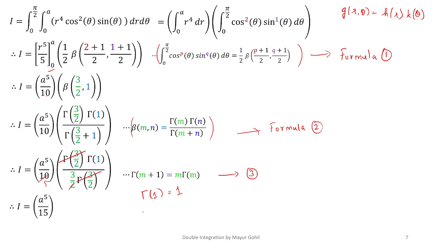And one very important formula that I always prefer to keep handy: gamma half is root pi. If ever you encounter this, you can use it. So that is formula number 3, and this is formula 4. Though we have not used it, you can keep it handy whenever you need it.